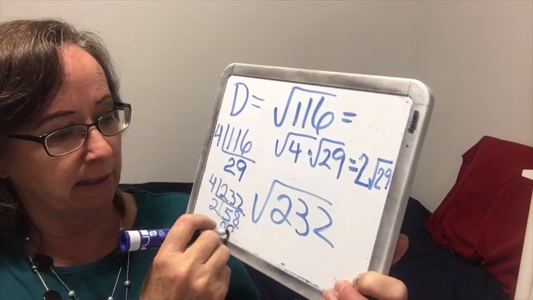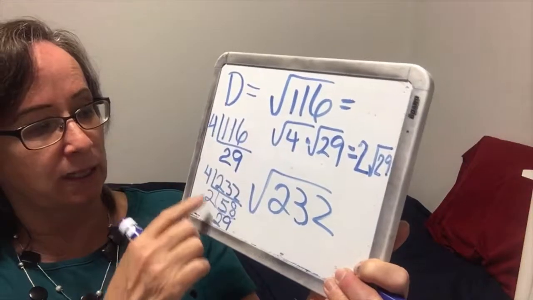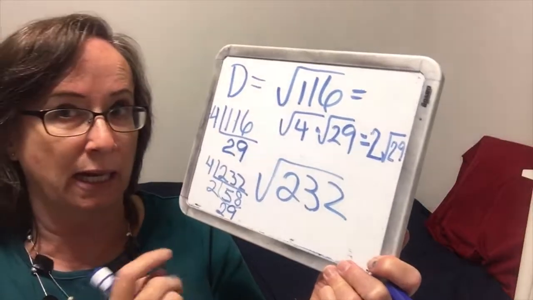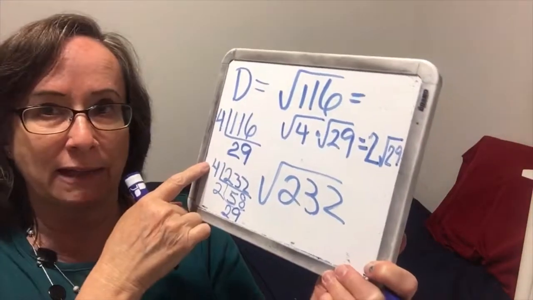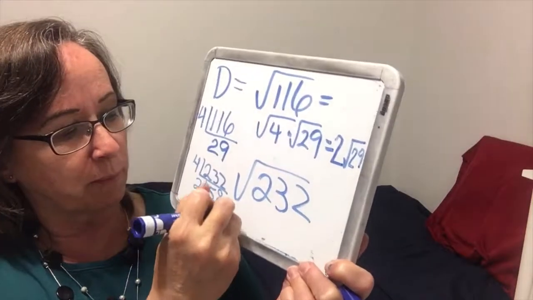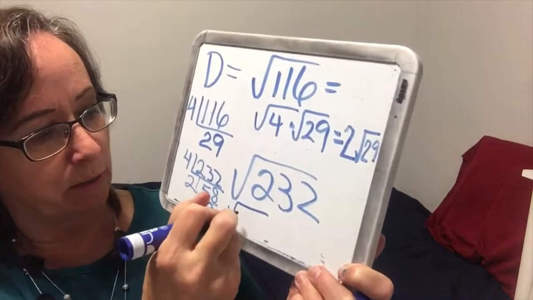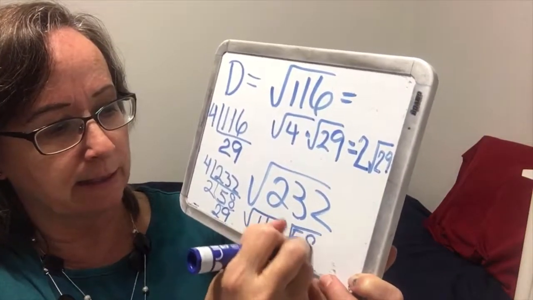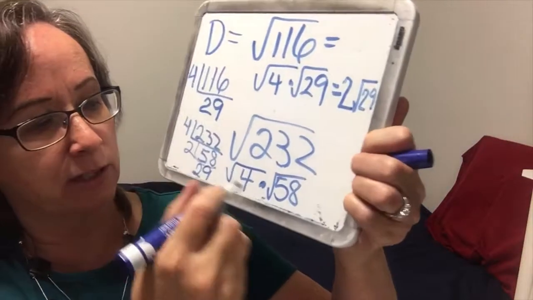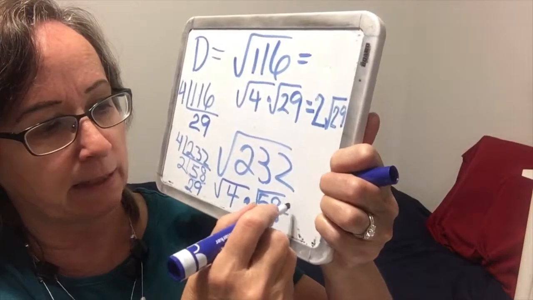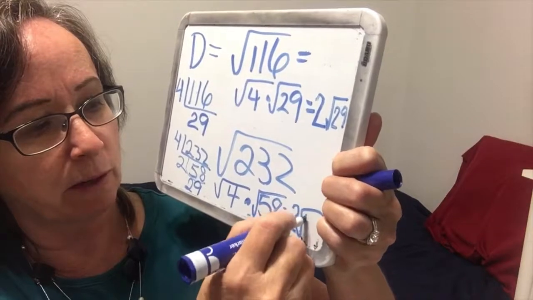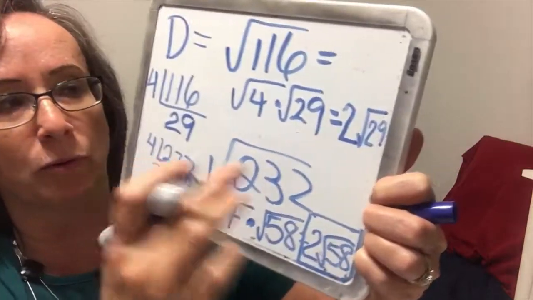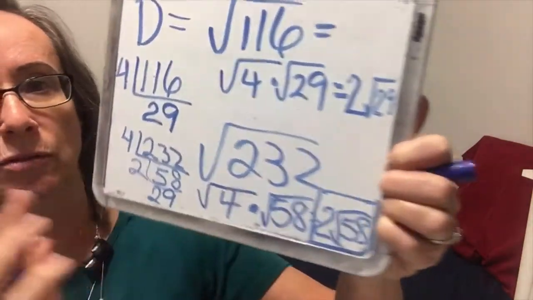So this one is 4 times 2 times 29. Since 2 and 29 are both prime numbers, the only thing we can pull out is the 4. So we break the square root of 232 into the square root of 4 times the square root of 58, which simplifies to 2 square root of 58. Those would be the simplified radical forms: 2 square root of 29 and 2 square root of 58.